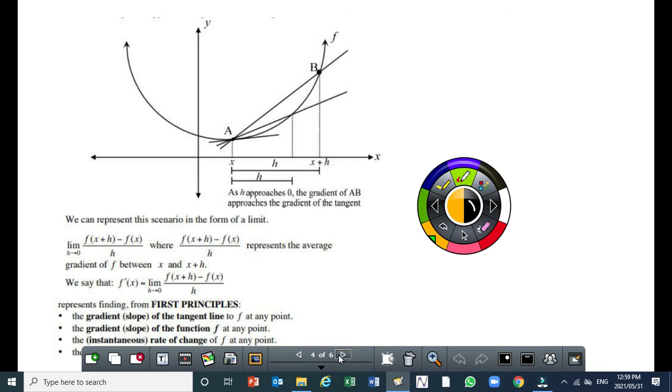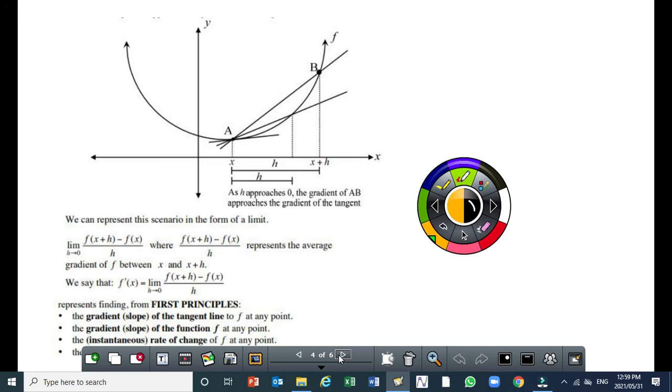So this is the diagram based on what I was saying. So if the value of h gets closer and closer to 0, or rather when point B gets closer to point A, the value of h becomes closer to 0. That is in the limit now.